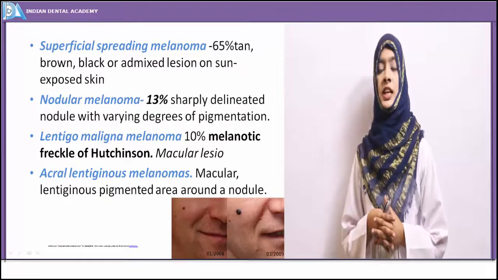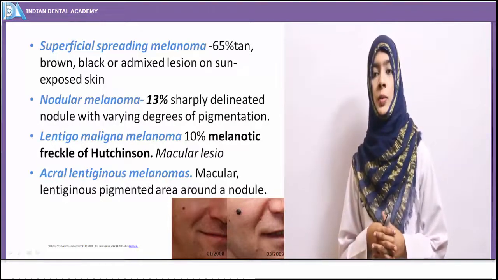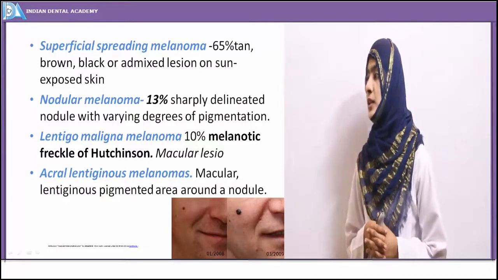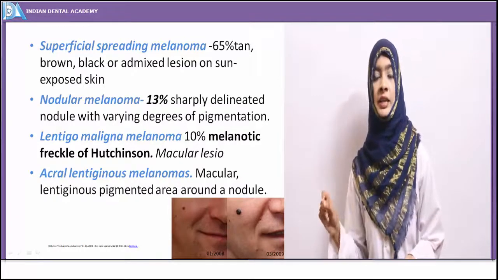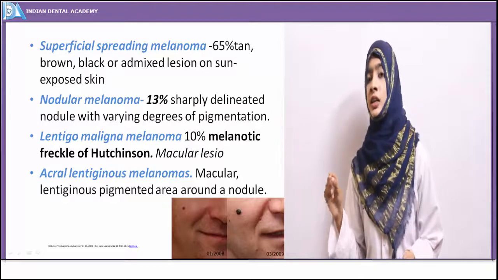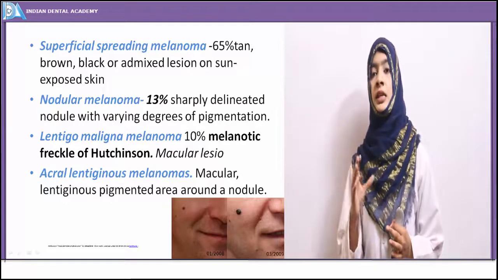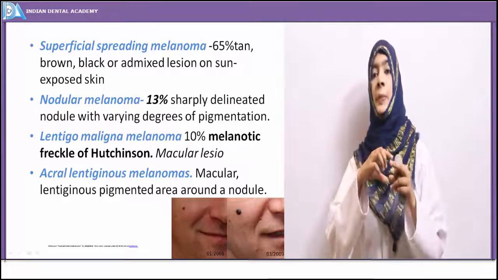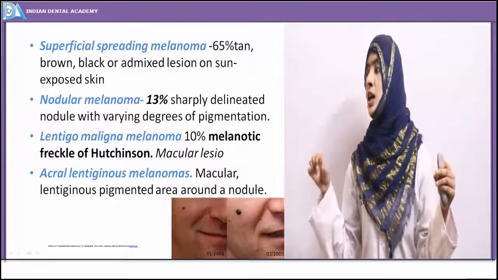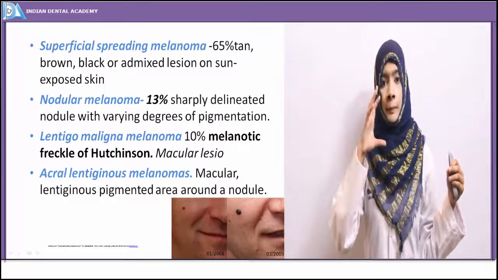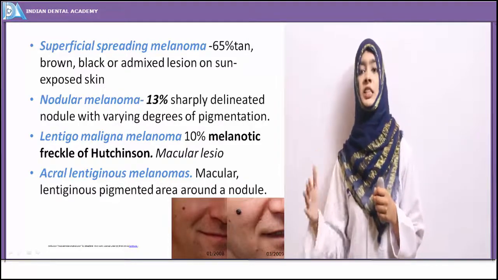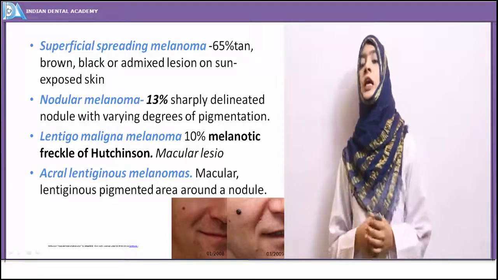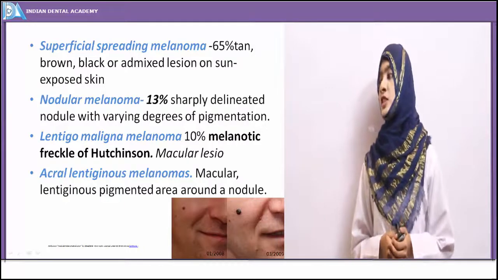The different clinical forms of malignant melanoma include the superficial spreading melanoma, seen in about 65% of cases of malignant melanomas. Here the clinical appearance is one of pale, flat, tan macules which are black, brown or admixed in nature and characteristically seen on sun-exposed surfaces.